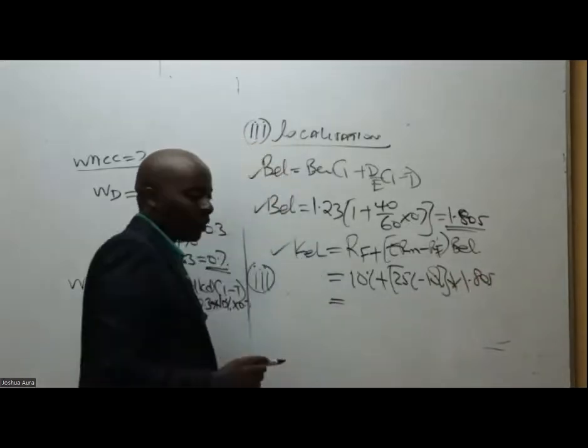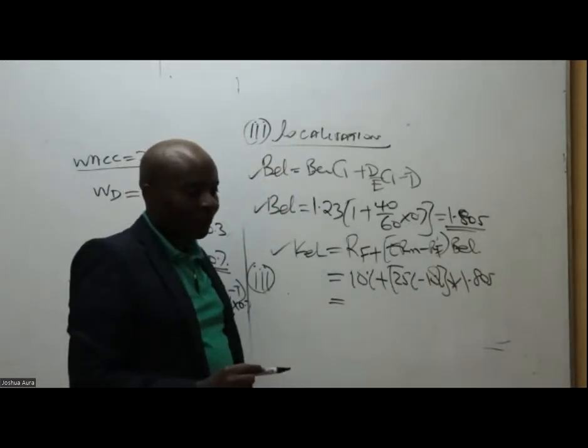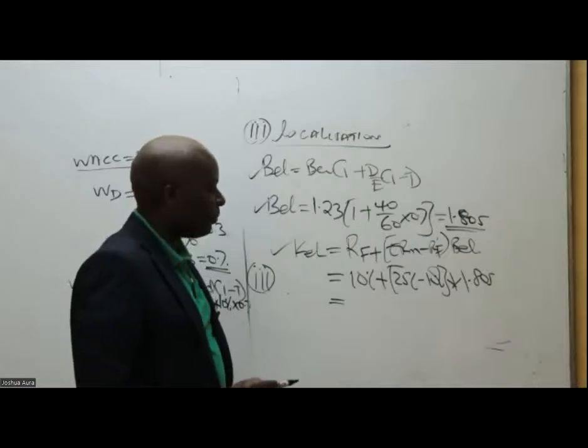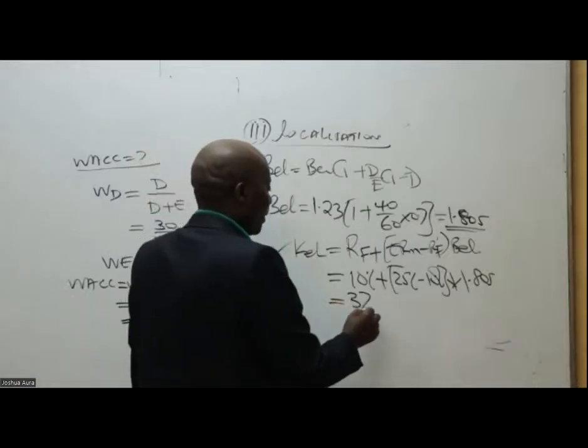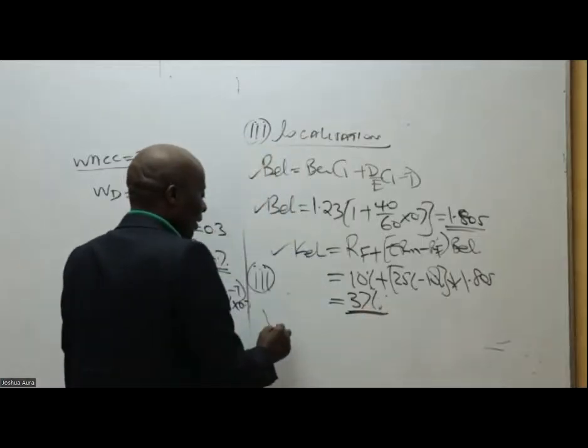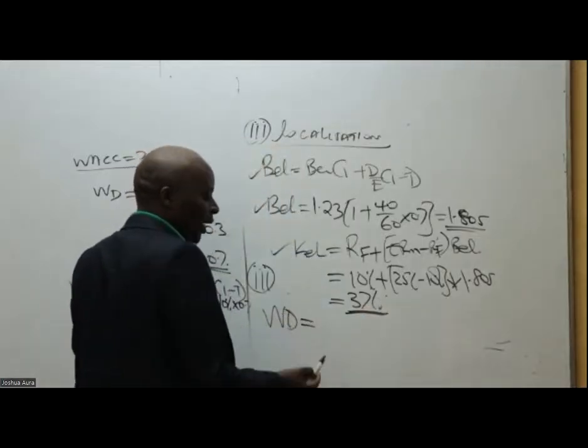So at the end of the day, what are we getting as our CAL? 37%. And then, ladies and gentlemen, go ahead and give us WD, weight of debt.